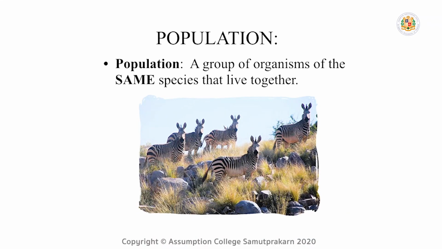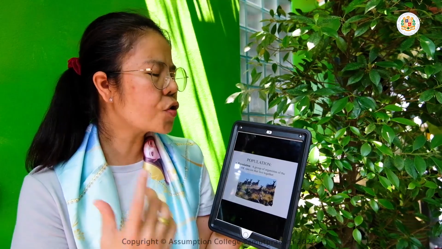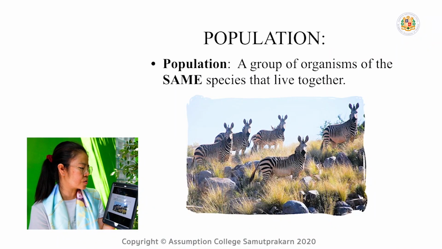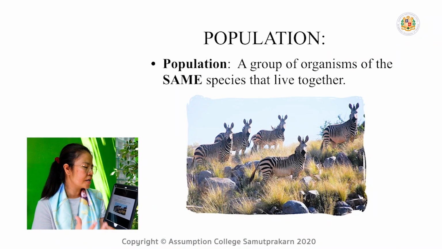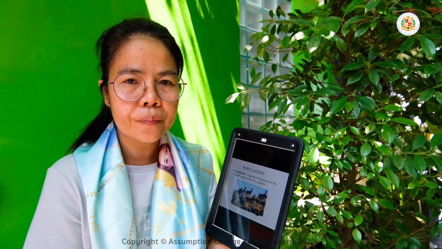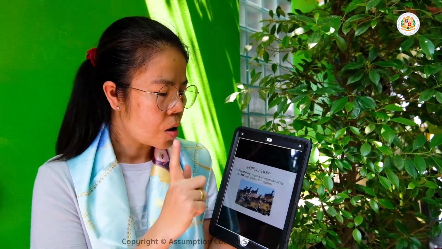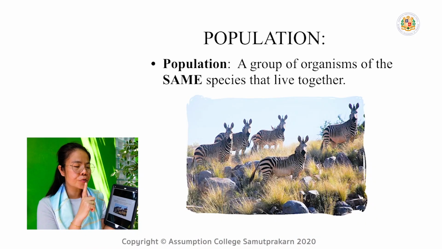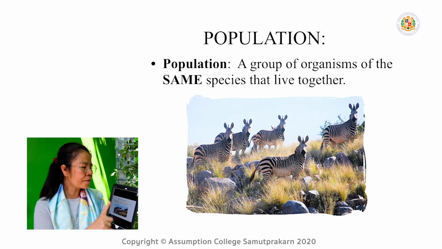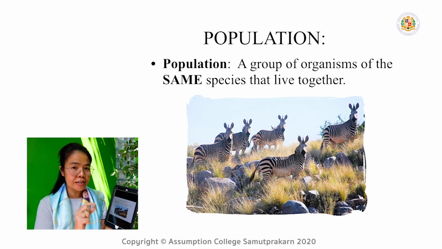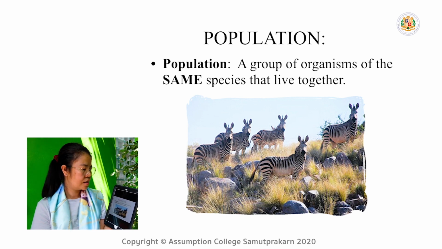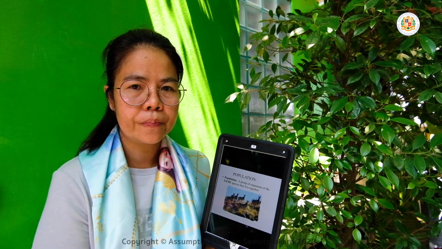And the population is a group of organisms of the same species that live together. Don't forget, a population is a group of organisms of the same species that live together.